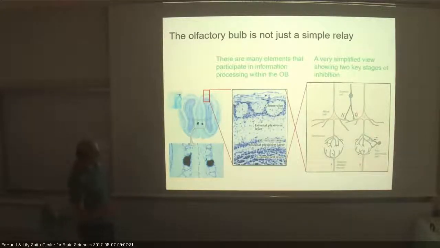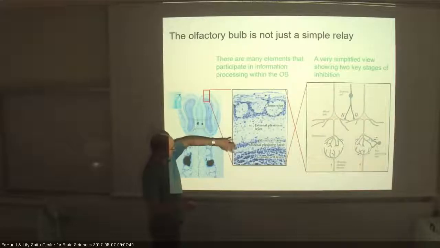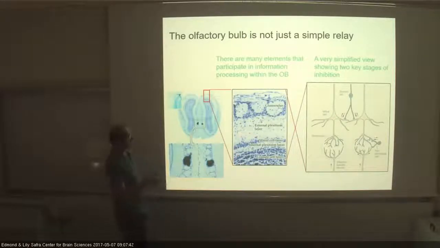And here you see a simplified schematic description of this circuit. This is a flipped version of this image, and very simplified, as I said. We have the sensory neurons, and we have the mitral cells, with the apical dendrites, cell bodies in the mitral cell layer, and the axons, which reach, where do they reach?